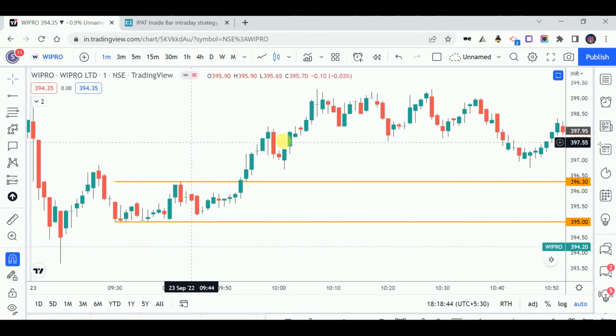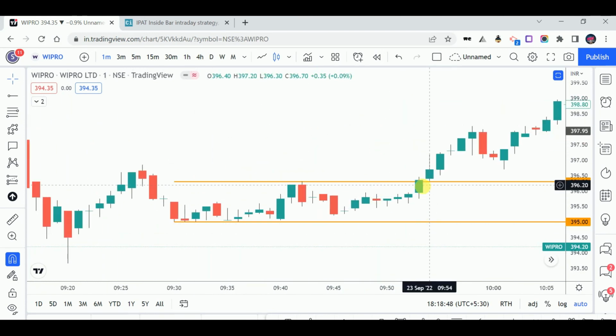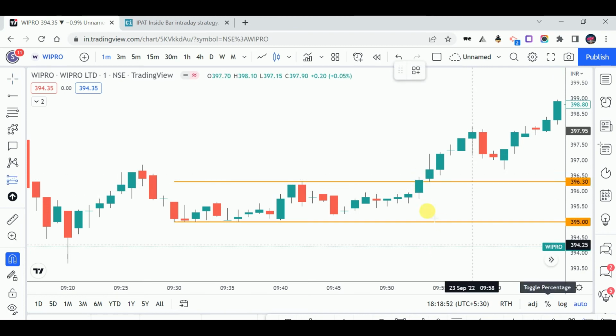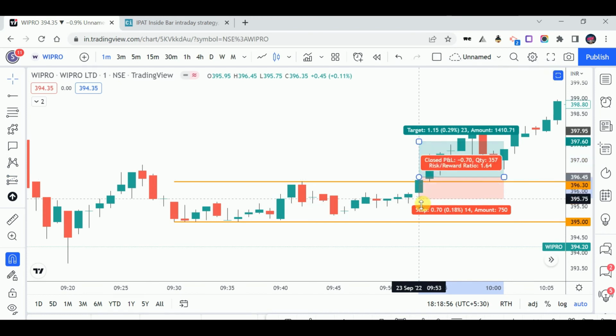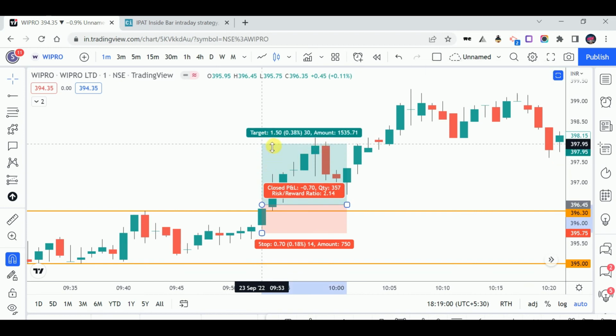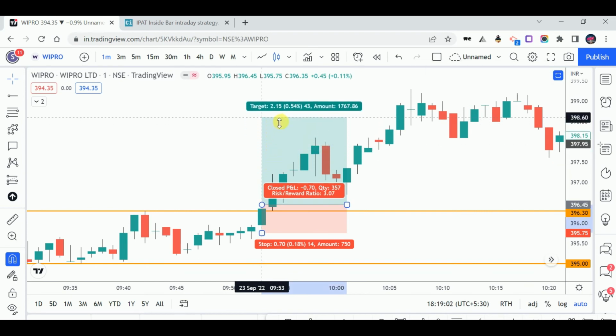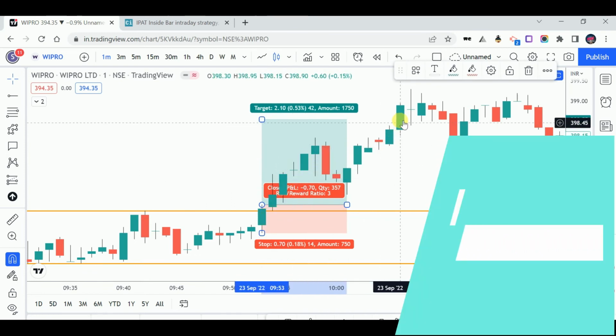In this case, the signal candle has been formed outside of the high of this candle. So I will initiate the buy position at the high of this candle. I will put the stop loss at the low of this candle, and I will go for at least 1:3 risk to reward, which is achieved within a short period of time.